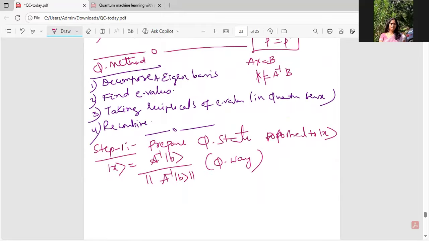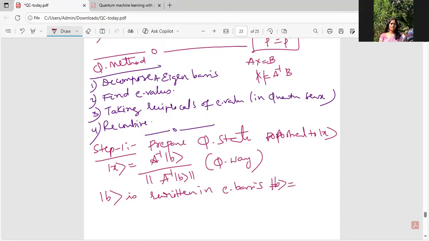Now, what should I do first? See, first I will reduce B to eigenbasis. Ket B is rewritten in eigenbasis. How do I rewrite it? Please see here.